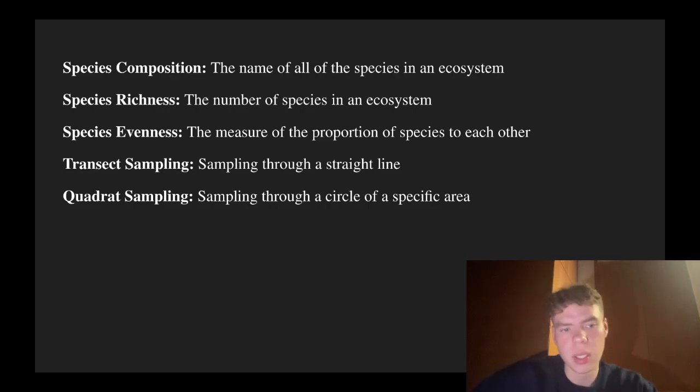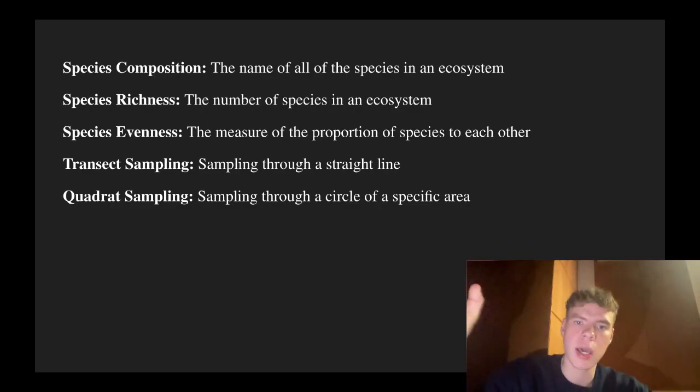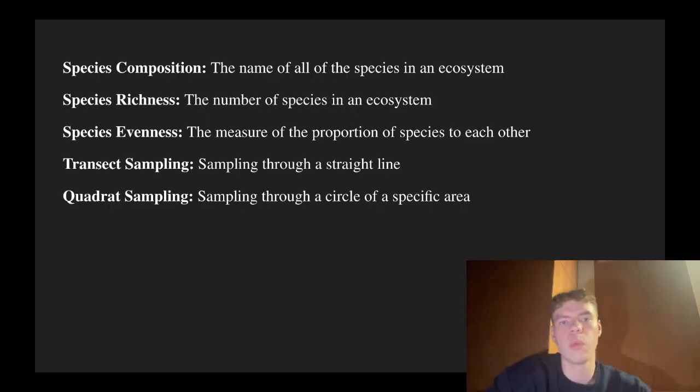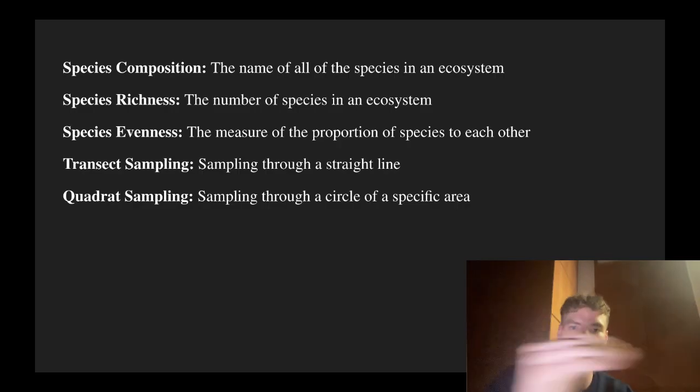Transect sampling. This is just a sampling method. Let's say I took a straight line and I walked from the beach, the complete east coast of North Carolina, and I walked in a straight line all the way to California. And I just took note of every piece of wildlife or every animal in a straight line.